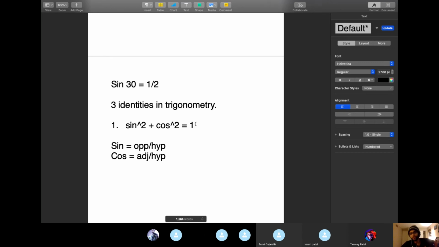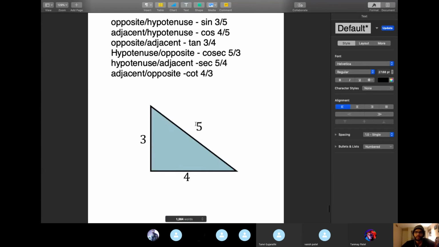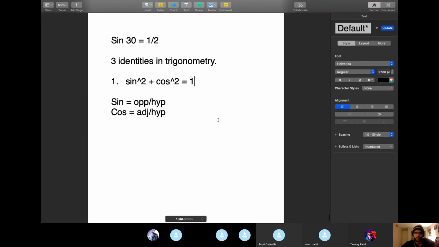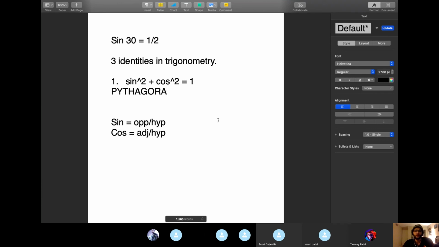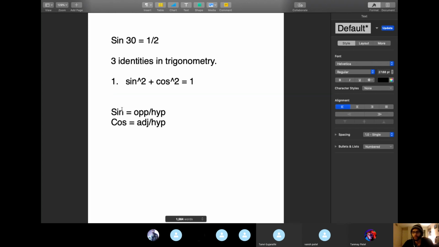Let me give you a clue. The proof to sine squared plus cos squared equals 1 involves this thing. Okay? It involves it somewhere. That's my clue.